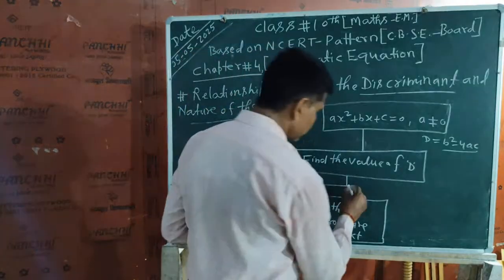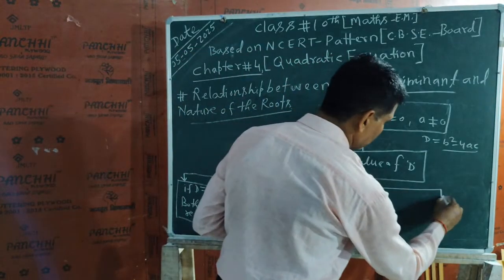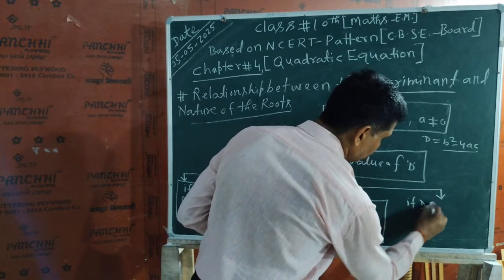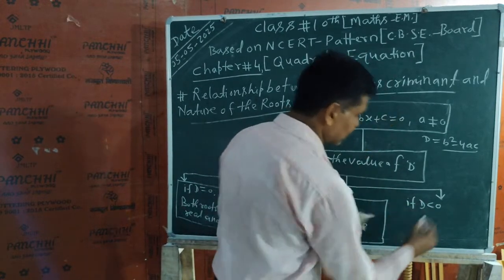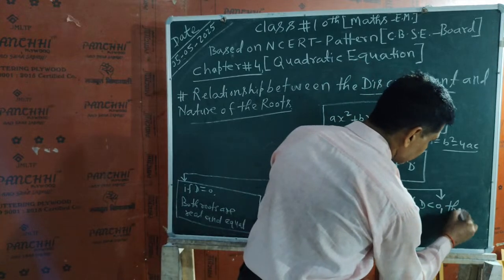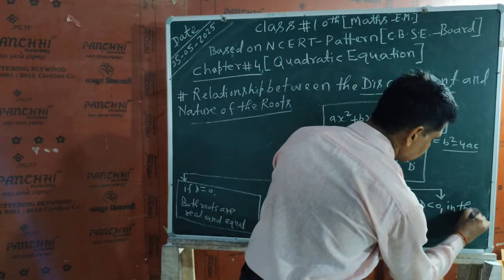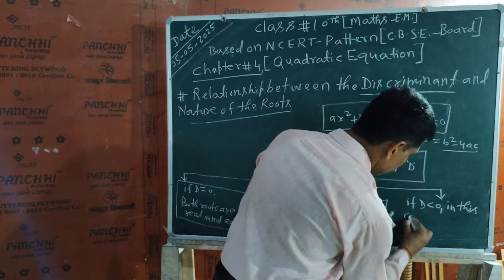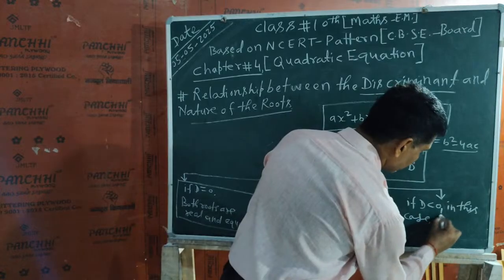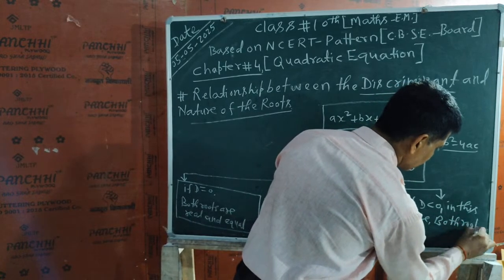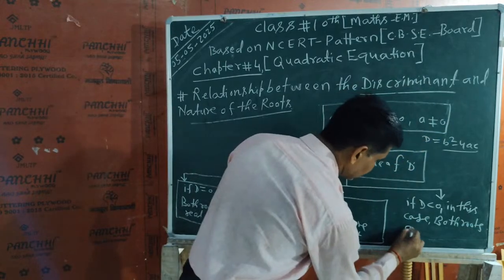Okay, students. Now the third condition I have to also explain here. If I calculate the value of D and it is less than 0, in this case both roots are imaginary.